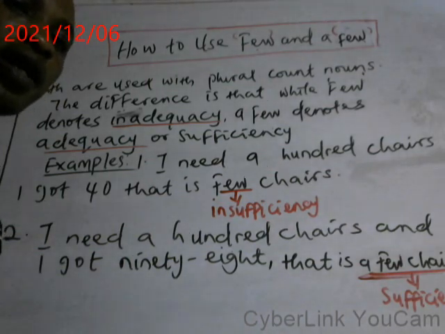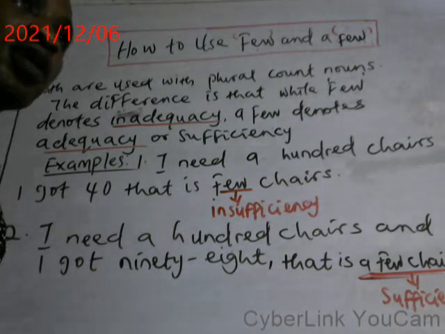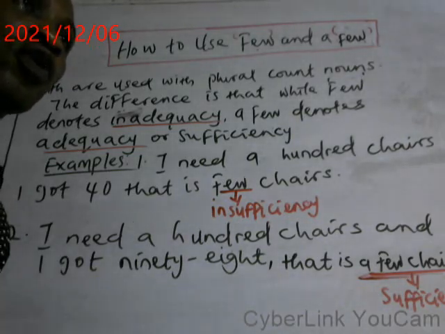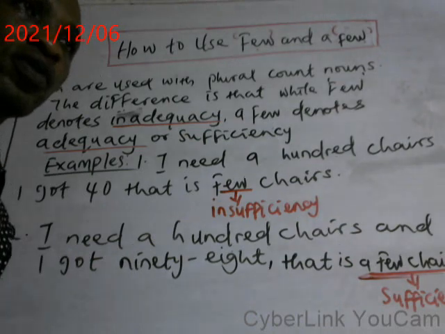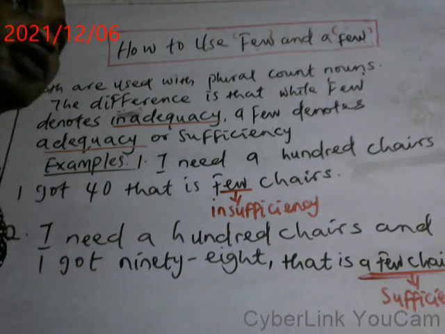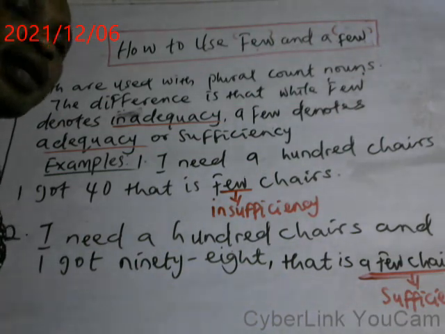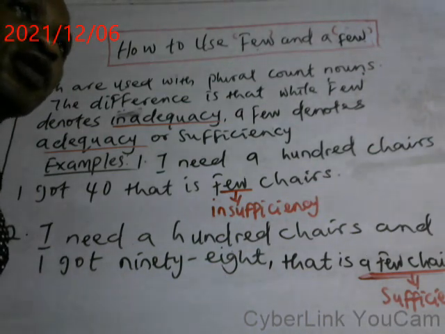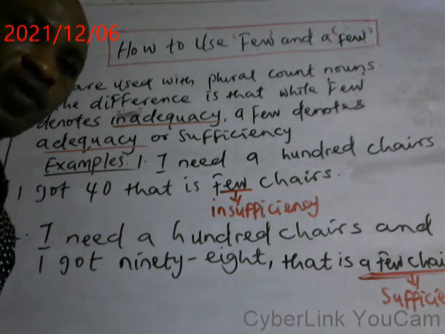How can we practicalize this, either when we speak or when we write? Like I said before, the two of them, that is few or a few, can be used with countable nouns. Are we getting it? Yeah. For example, let's assume that I need 100 chairs. Out of the 100, I've gotten 40 or 45.